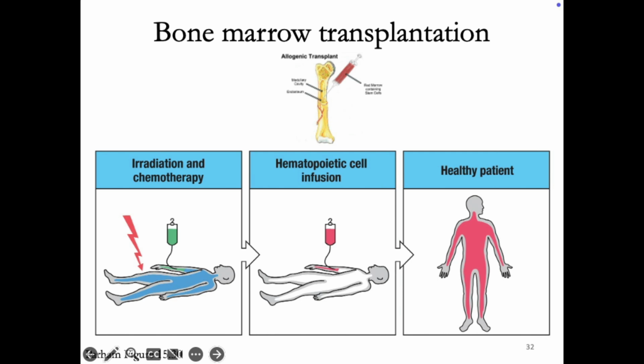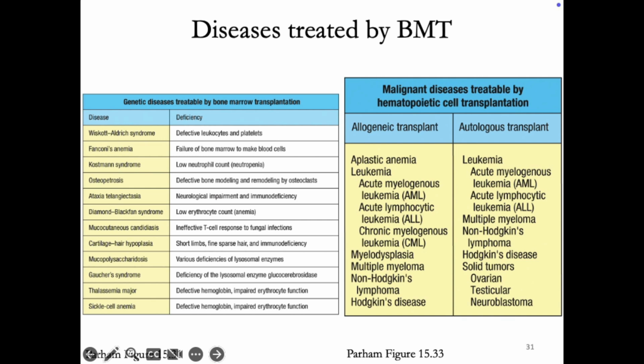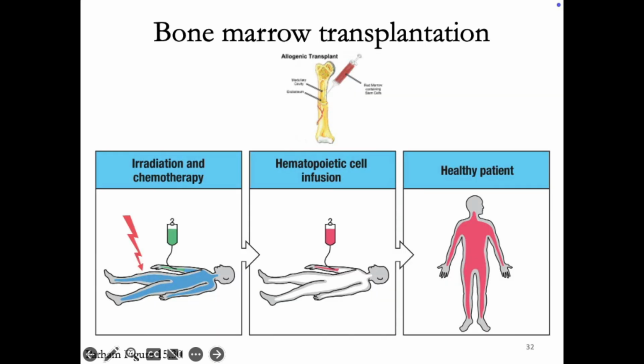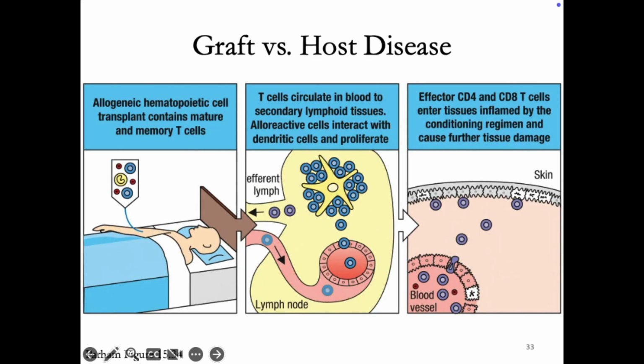And so bone marrow transplantation is not like a weird kind of niche thing. There are a lot of situations where bone marrow transplantation is incredibly important. But the problem, like I said, with bone marrow transplantation is described here.